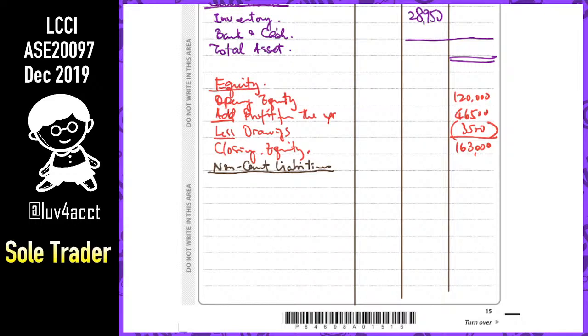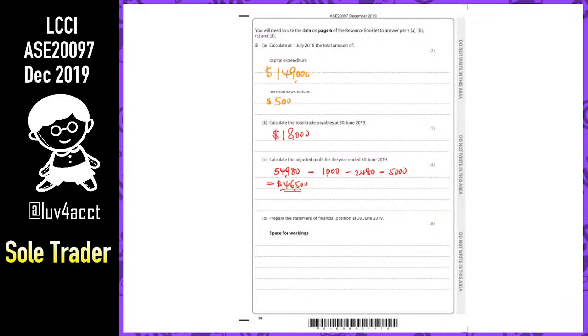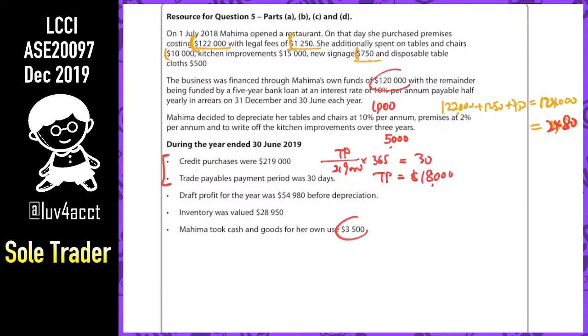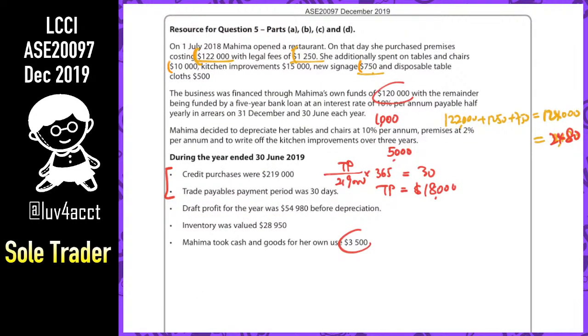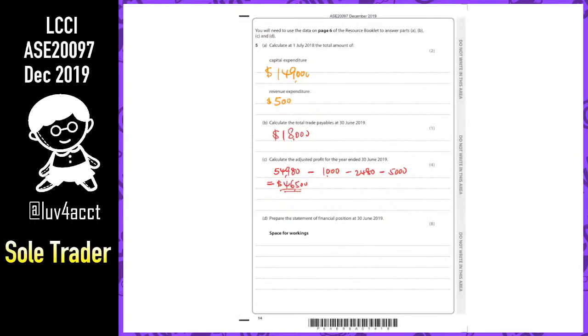So non-current liabilities, we have the bank loan. Because it is a 5-year bank loan, it is long term. How much?